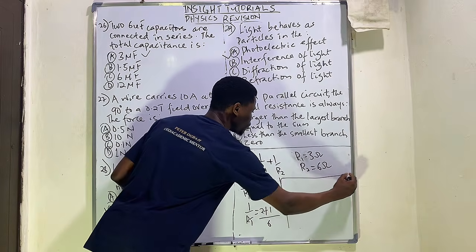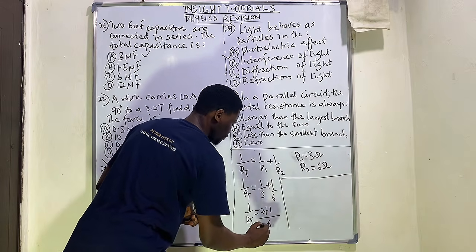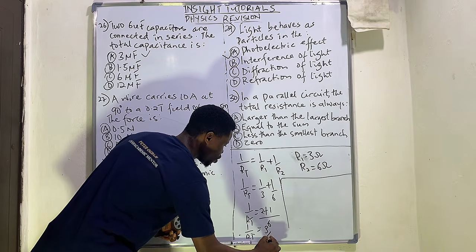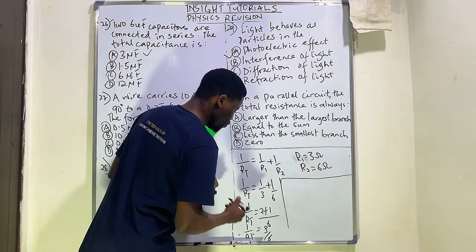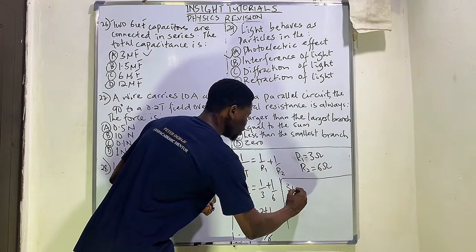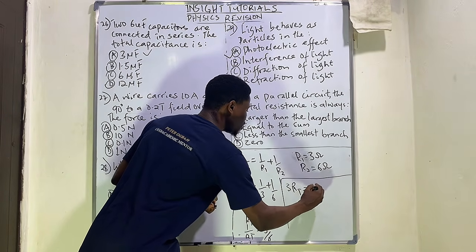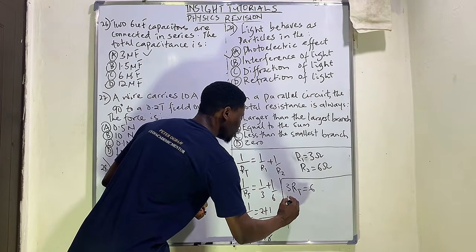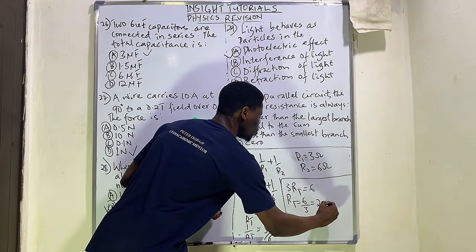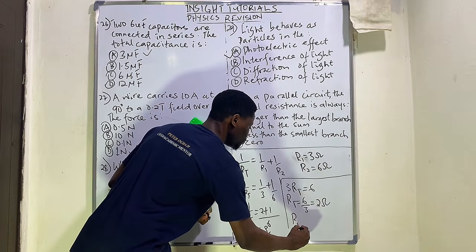So we have 1 over R total equals 3 over 6. If we cross multiply this equation, we'll have 3 times R total equals 6, and the total resistance is going to be 6 divided by 3. This will give us 2 ohms. See?